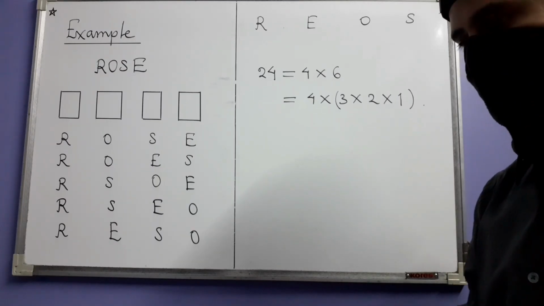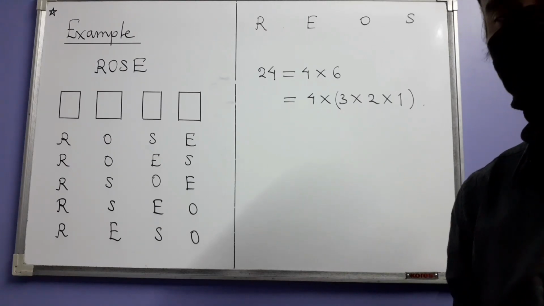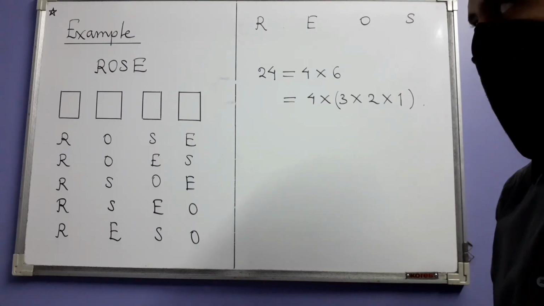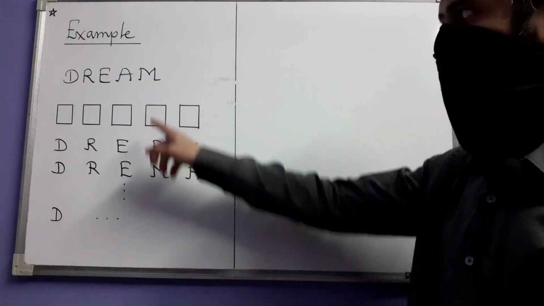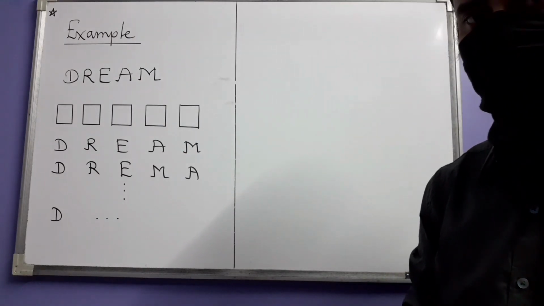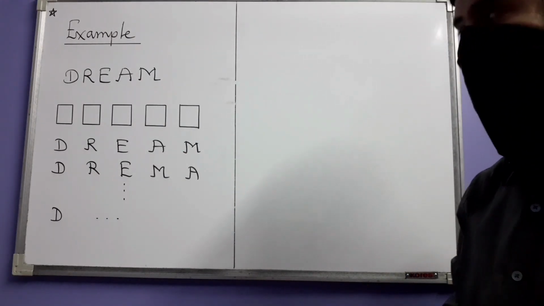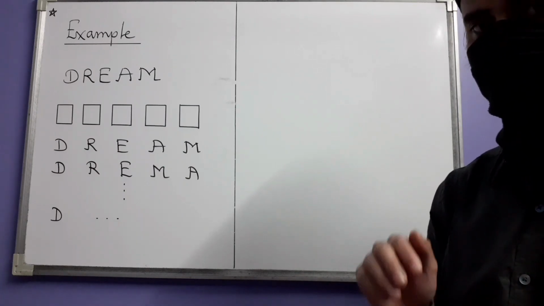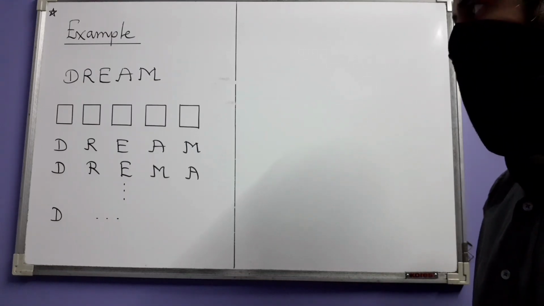Now can we extend this, say, to a word having 5 letters or 6 letters? Let's just go for a word having more letters. You consider the word dream. It has 5 letters. And one more thing, all the letters are distinct. That has been the case with rose as well as can, right?